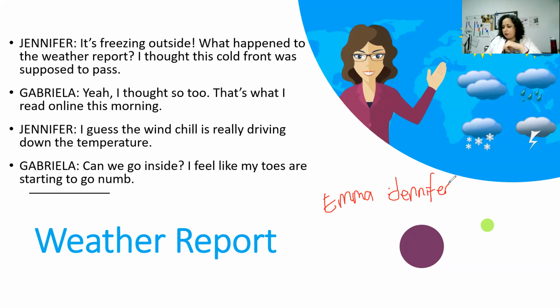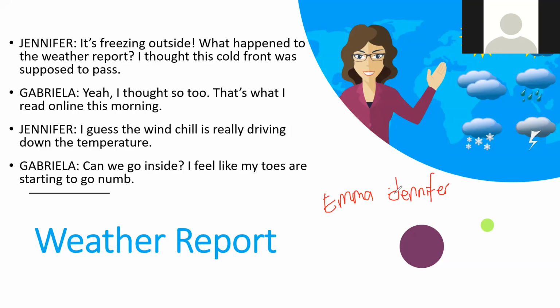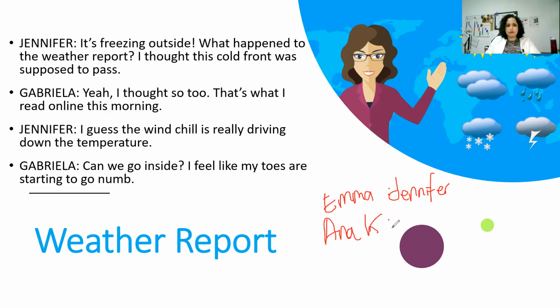Good, Emma. And who else is going to volunteer? Me. Ana Karen, good. You're going to be playing the role for Gabriela. Just to make sure again, Emma, you're playing Jennifer, and Ana Karen, you are playing Gabriela.